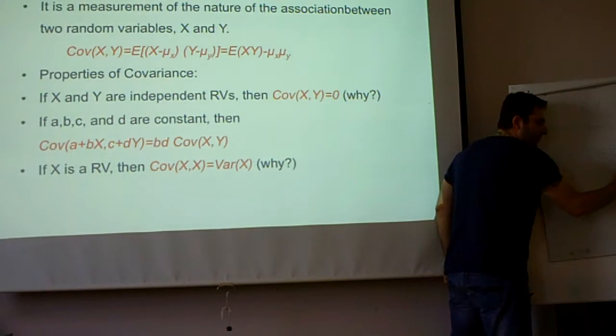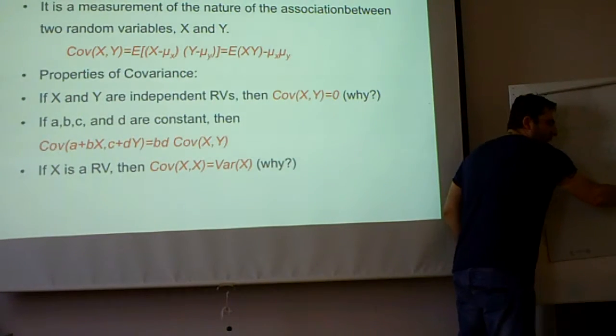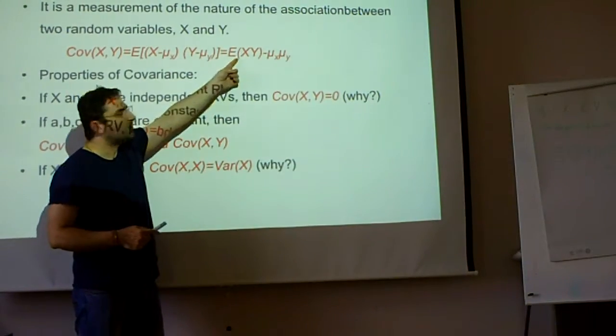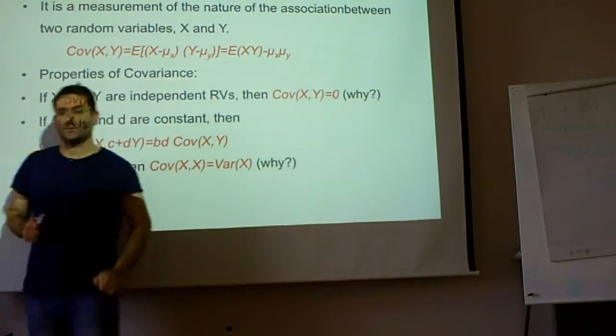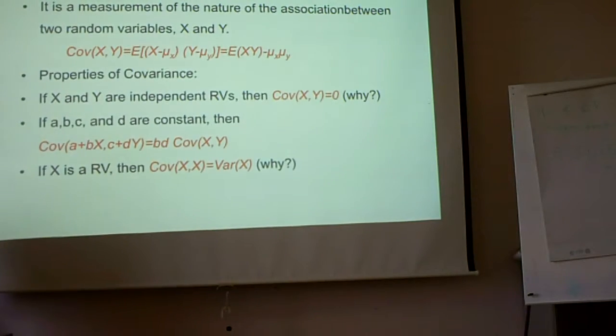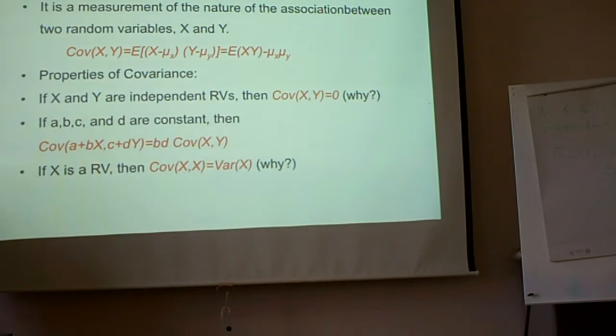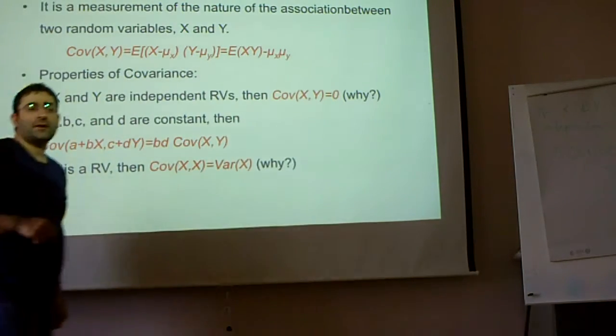E[X] is actually mu x, E[Y] is mu y. So if x and y are independent, we have mu x multiplied by mu y minus mu x multiplied by mu y, which is 0. Now, another thing which is very important is this.